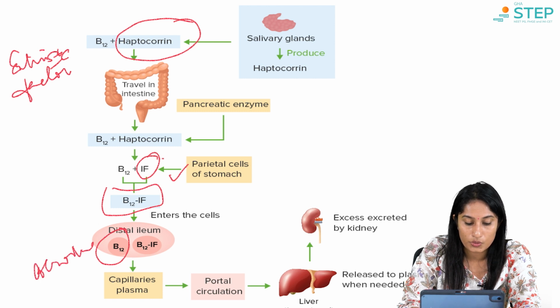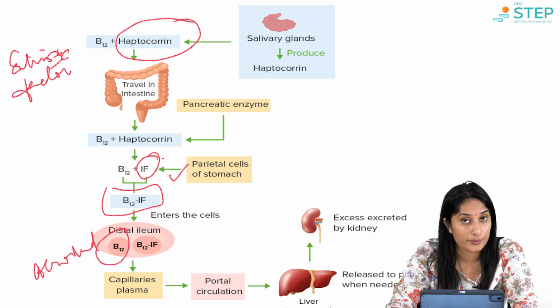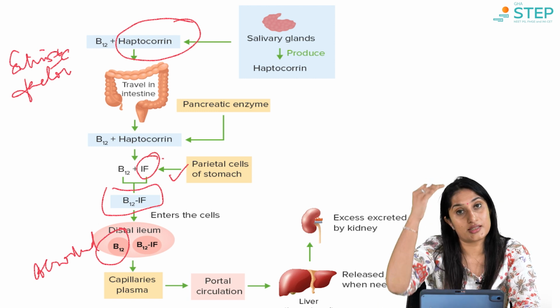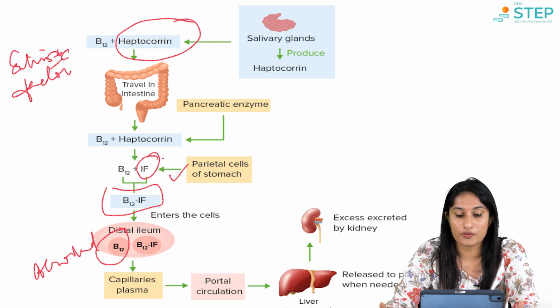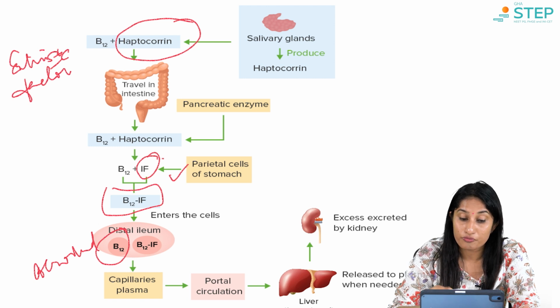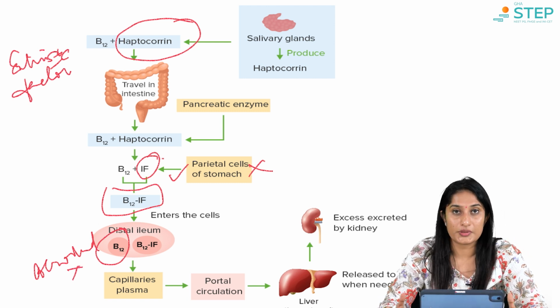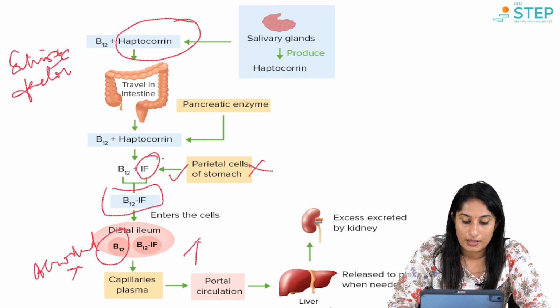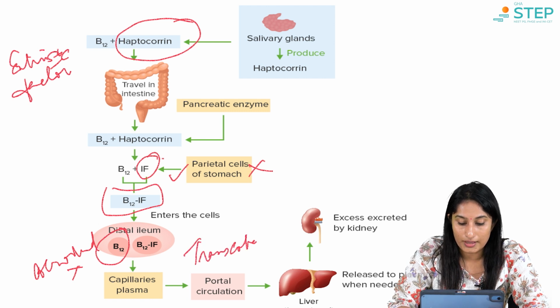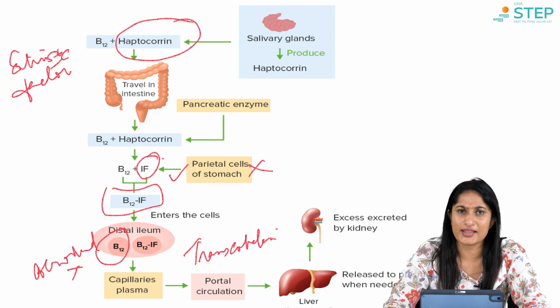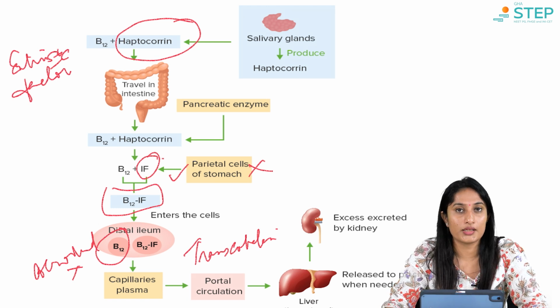So remember, B12 is absorbed in the ileum, but for that it needs the intrinsic factor right up in the stomach. If there is no stomach, as in gastrectomy, there is no intrinsic factor, hence B12 cannot be absorbed. From there it is taken by the protein transcobalamin into the liver, where it gets stored and is released whenever the body needs it.